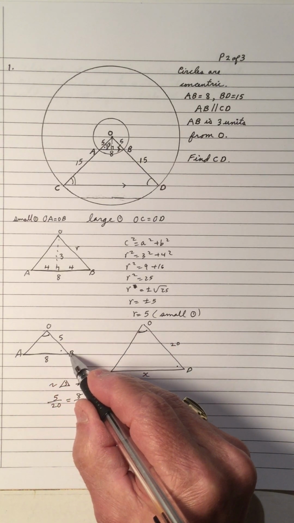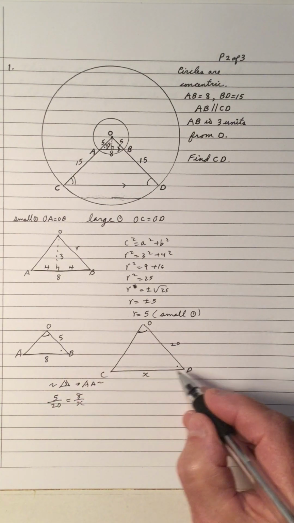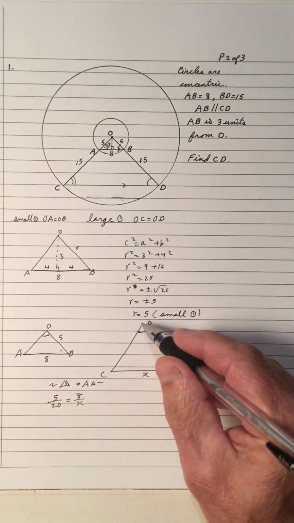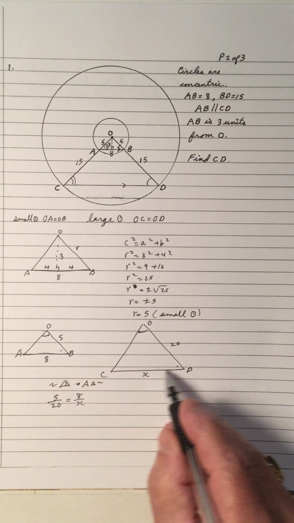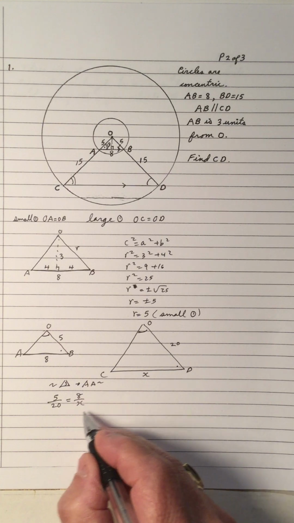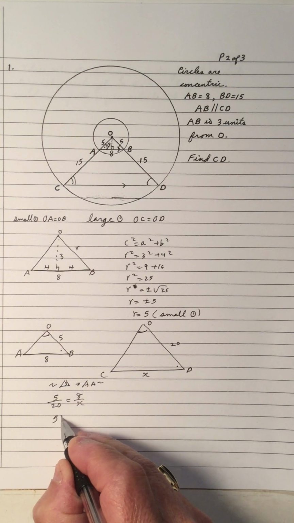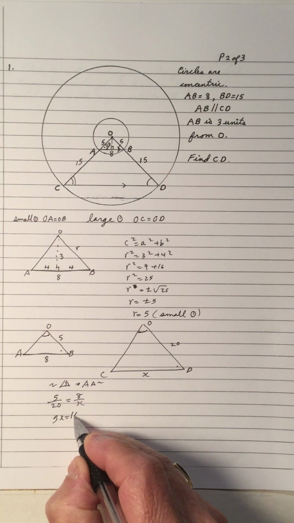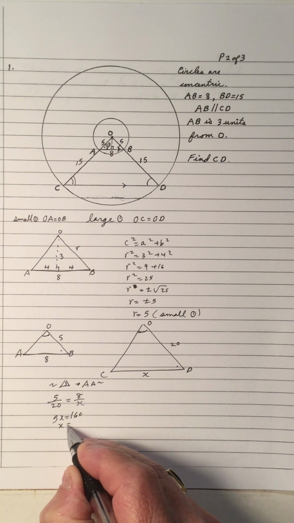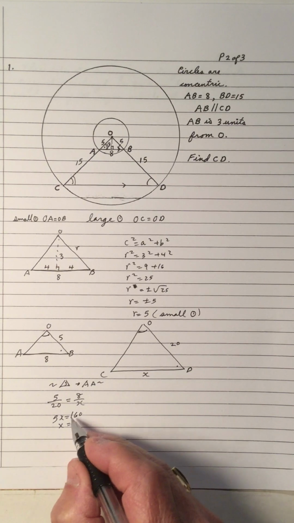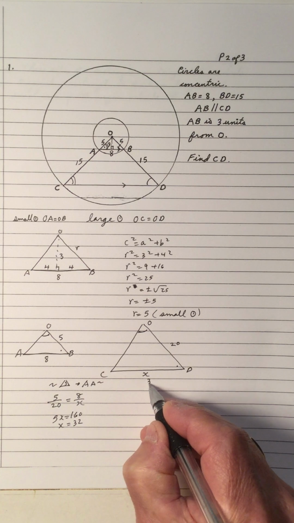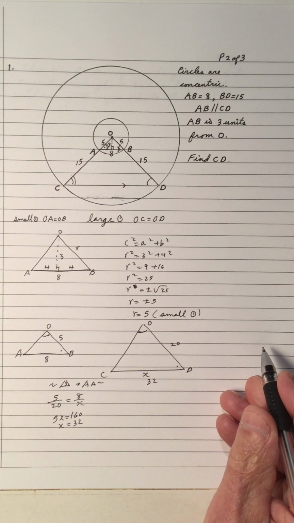So this side over this side, so OB over OD equals AB over CD. And we can cross multiply. Now we get 5x is 160. So we divide by 5 and we get 32. So this is 32 in length, CD.